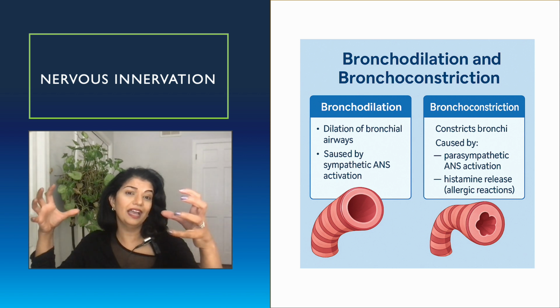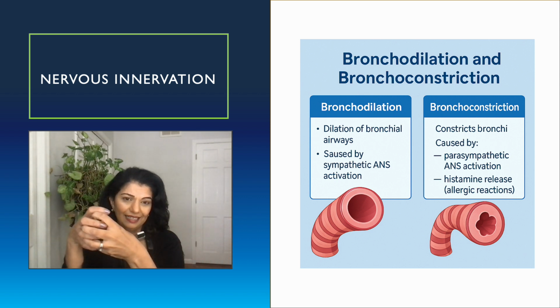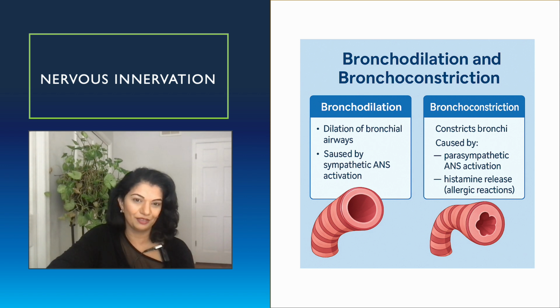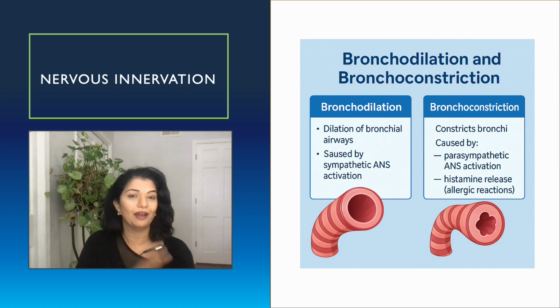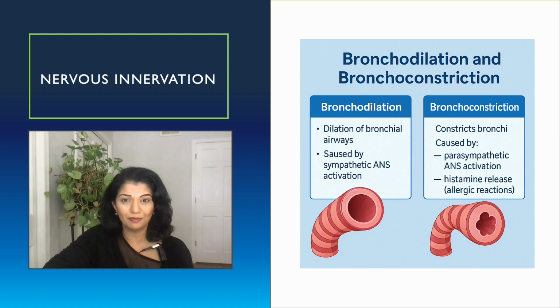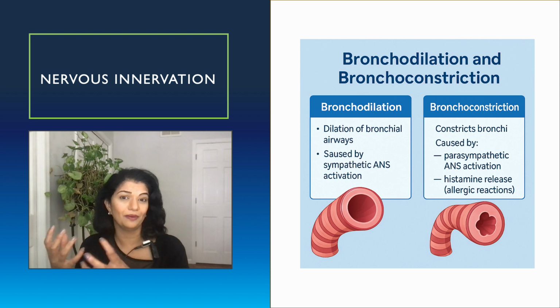Now, on the other hand, the opposite is bronchoconstriction. So this is where your airways will sort of tighten and get a little narrower, and it will partially close the hose, making it harder for air to go through. This happens under the opposite system, which is the parasympathetic nervous system, right? That's your rest and digest mode. However, sometimes during allergic reactions or asthma, this can also happen.